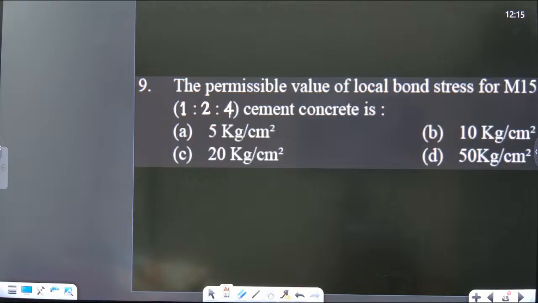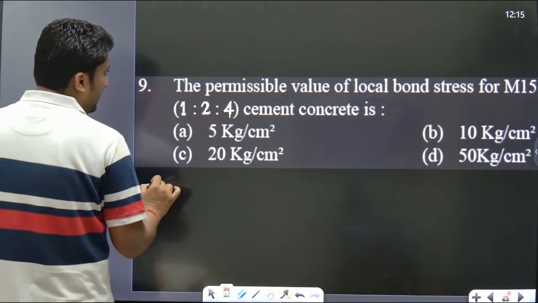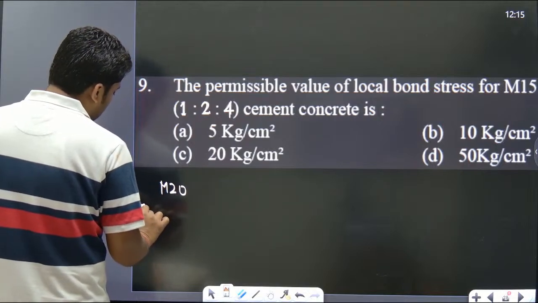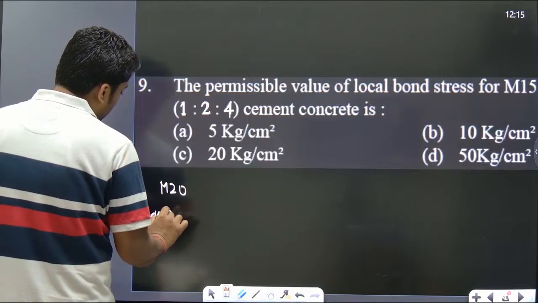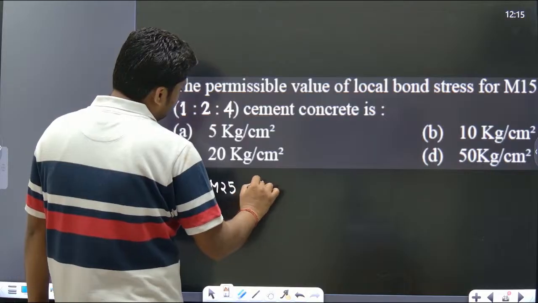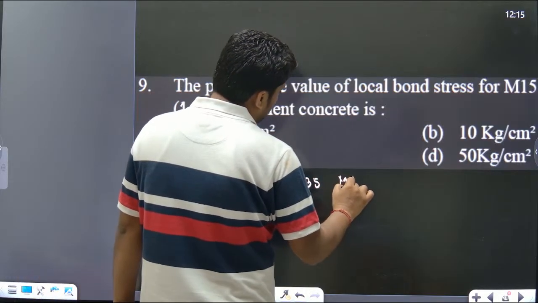Just now we have seen these values. What are the values for permissible bond stress? For M20, tau BD permissible was 1.5. Then for M25, M30, M35, and M40 and above.